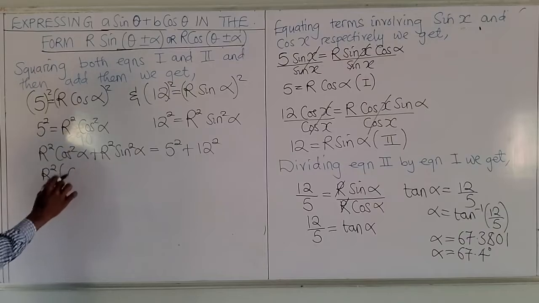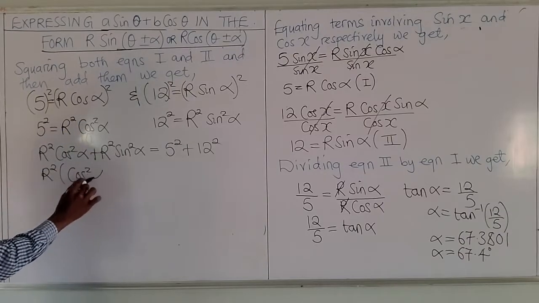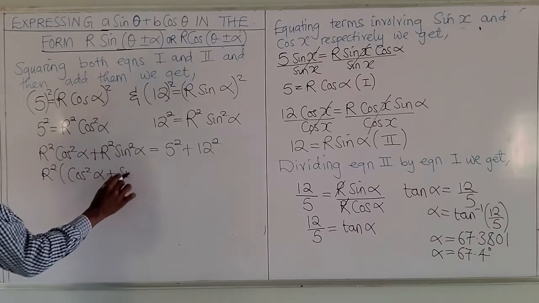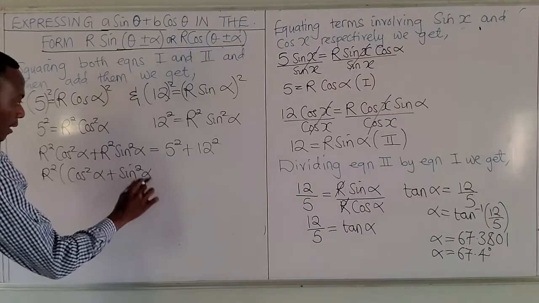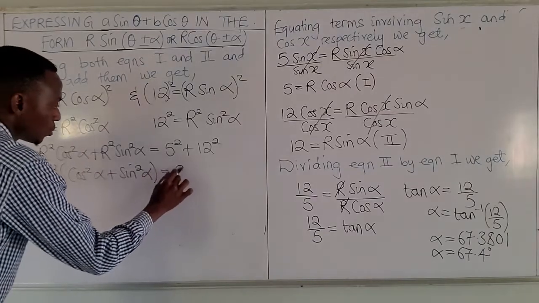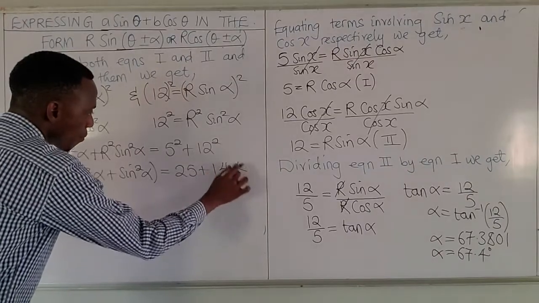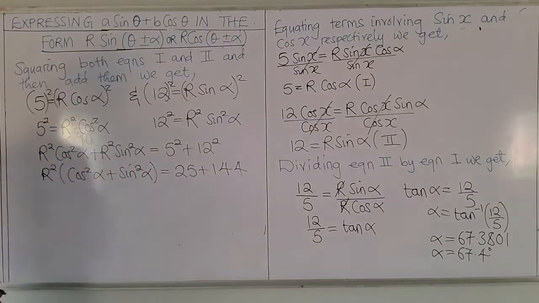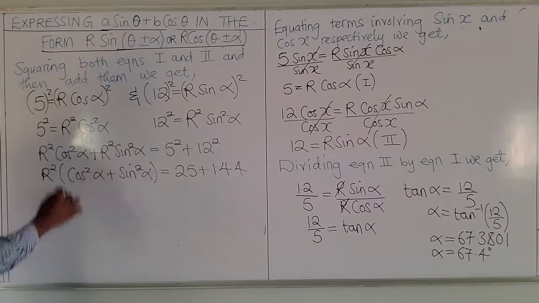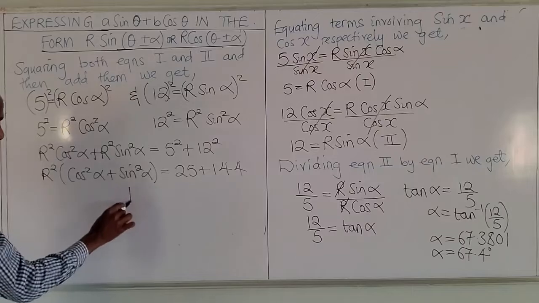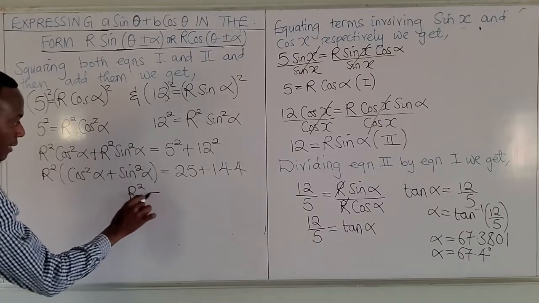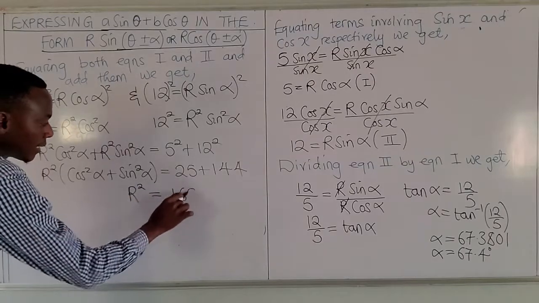We are going to remain with cos squared alpha plus sine squared alpha, which gives us 25 plus 144. According to trigonometric identities, this is as good as 1. 1 times r squared, we are going to have r squared is equal to 169.